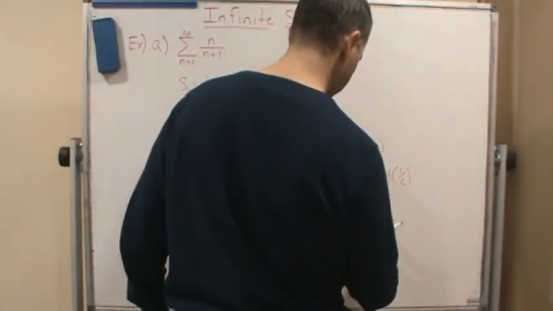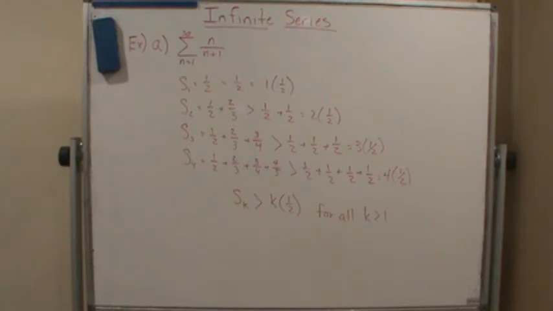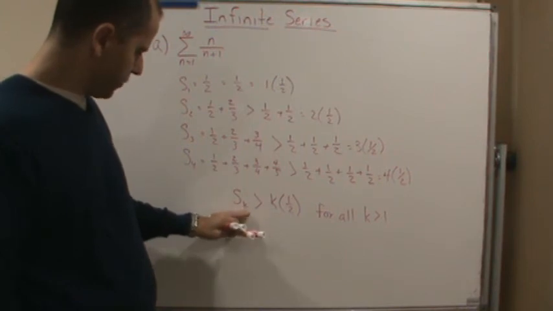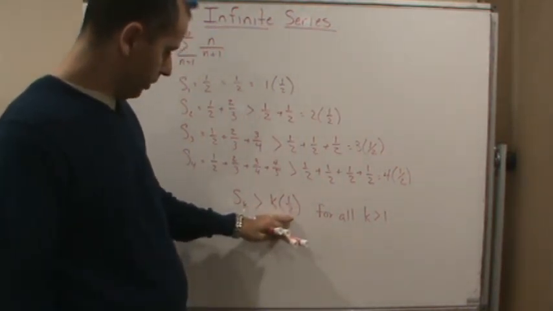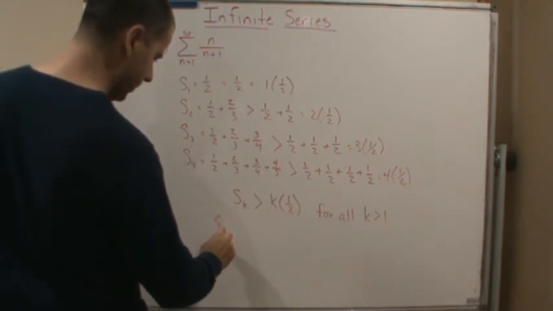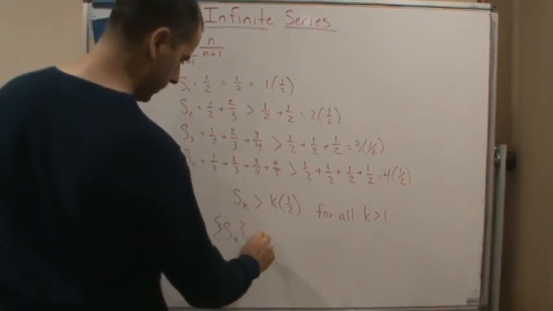Let's say, well, let's do actually bigger than 1, right? Now, since this is true, since the partial sum is greater than this for all positive k, it's obvious that the sequence of partial sums is unbounded.